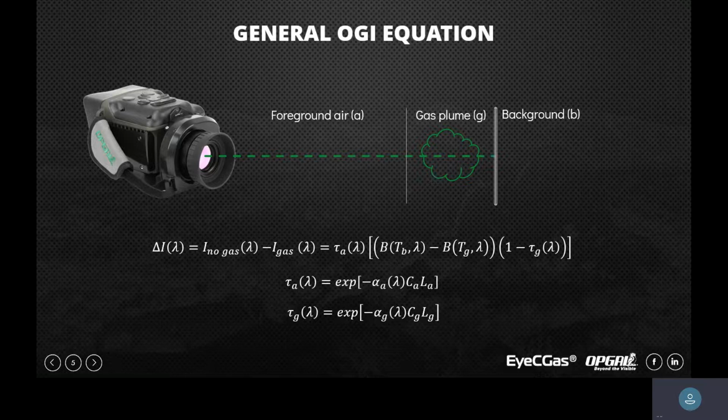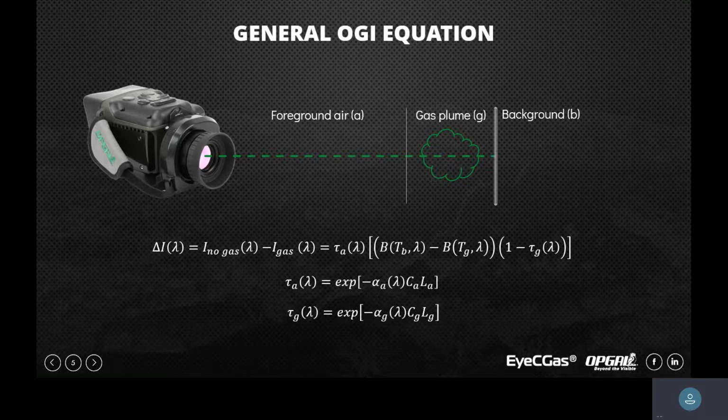Here we have a two-layer radiative transfer model, and from it we derive the contrast, delta I. At each pixel, at each wavelength, the contrast is the radiance difference between the background without the presence of the gas and the background with the presence of the gas.